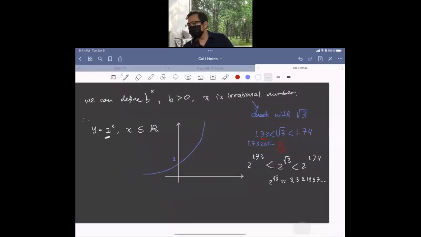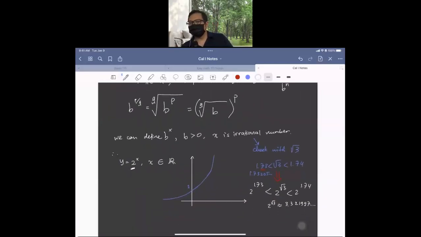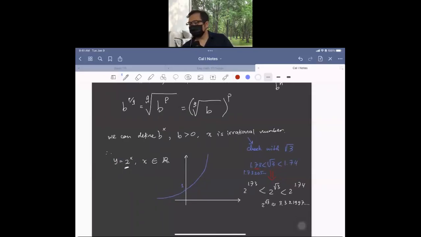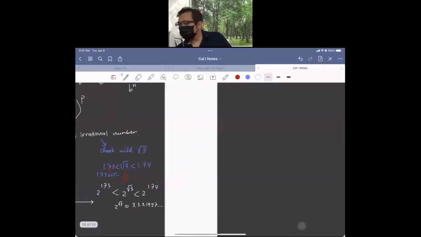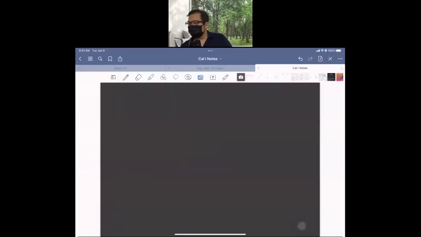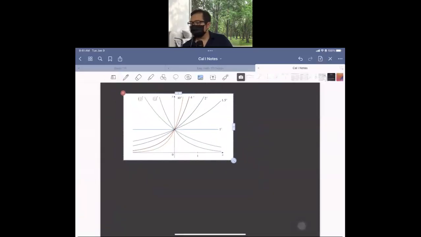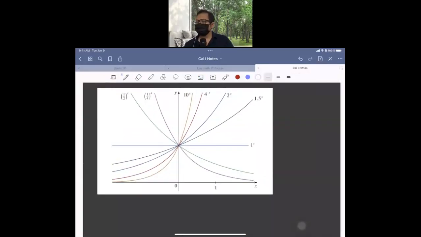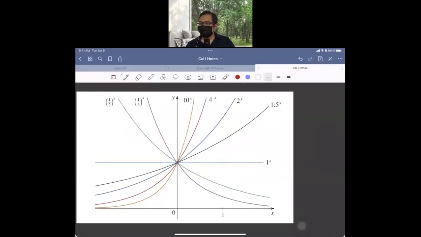Let me put that on the next page. Okay, so first we are going to focus on the base being 2, so 2 with power of x.